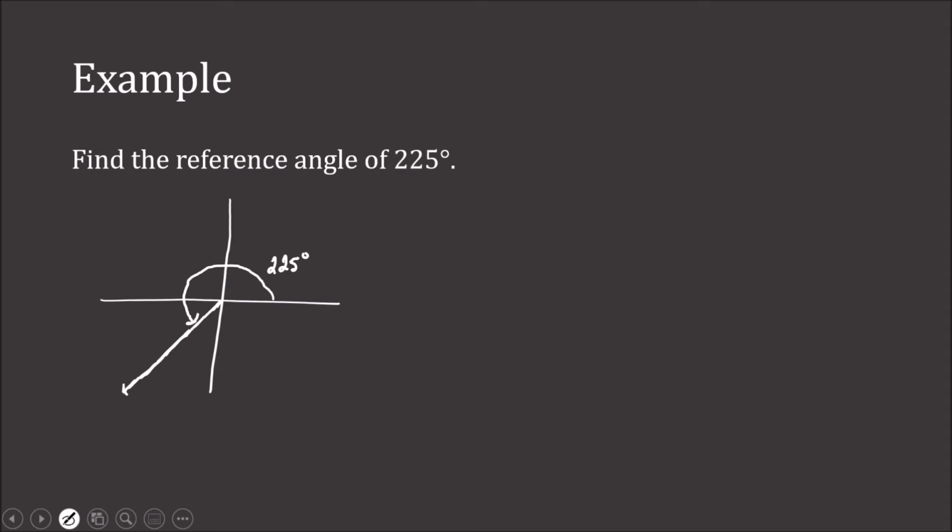So our reference angle will be this angle right here, which let's label as phi. It's in quadrant 3, so this means that angle phi is equal to the original angle, 225, minus 180, and that difference is 45 degrees. So the reference angle of 225 degrees is 45 degrees.